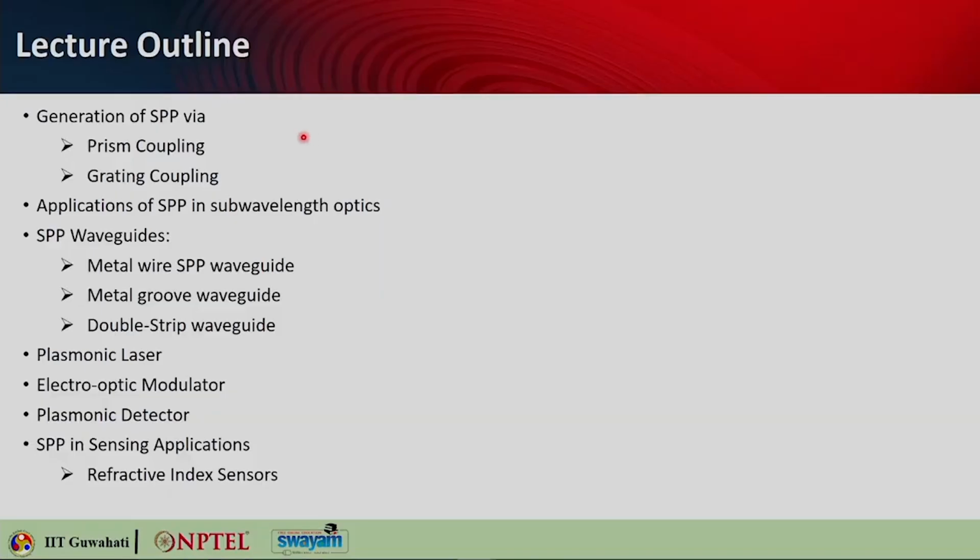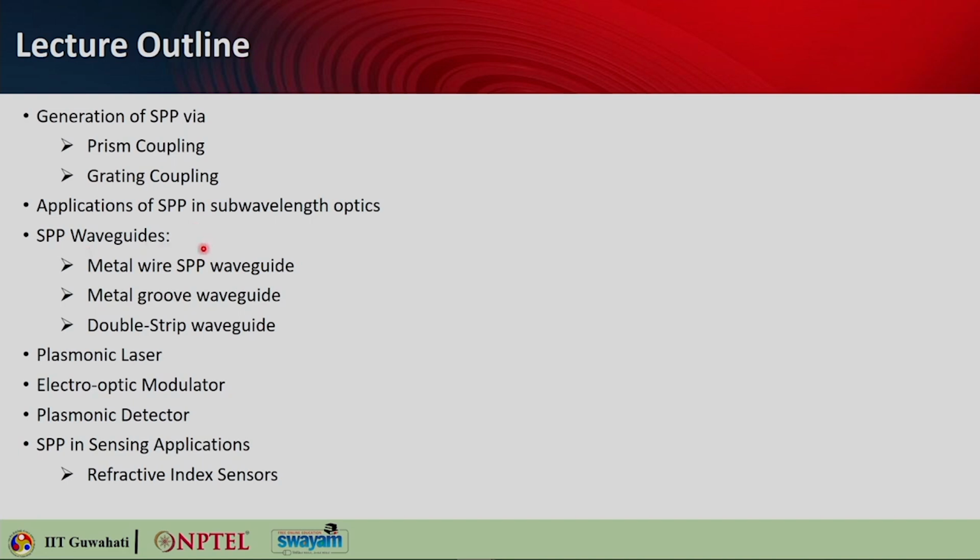So here is the lecture outline. We will continue where we left off in the last lecture. We will start with generation of SPPs. There are two methods, prism coupling and grating coupling. Then we will look at some applications of SPPs in sub-wavelength optics.